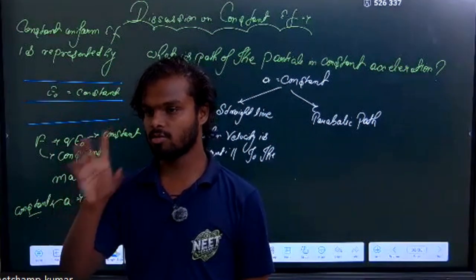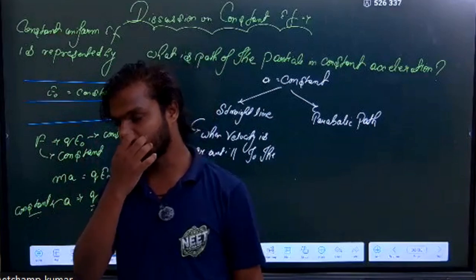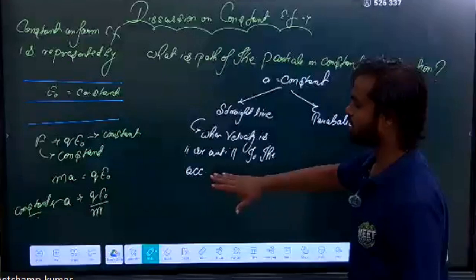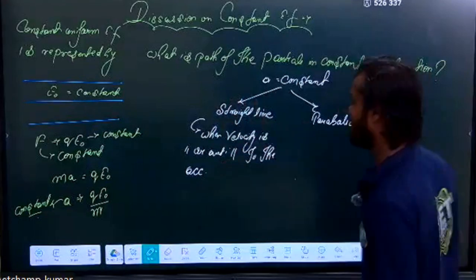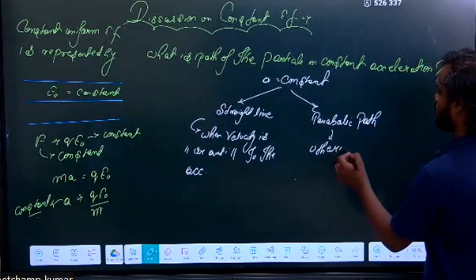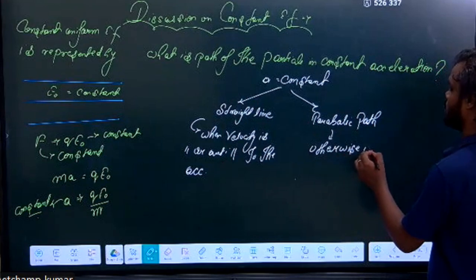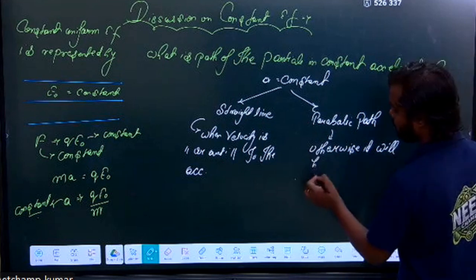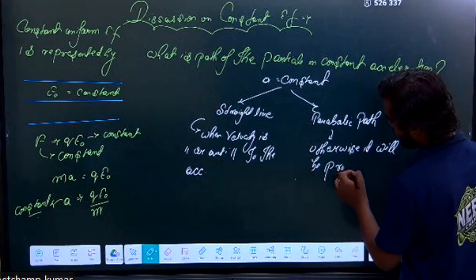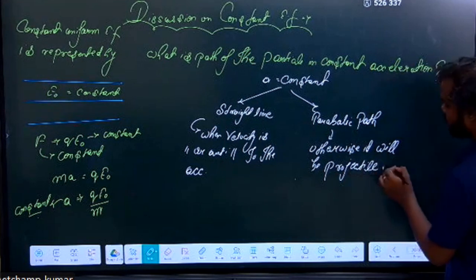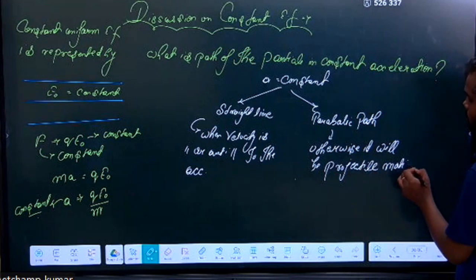Yes, sir. If my velocity is parallel or anti-parallel to the acceleration, then it will be a straight line. Otherwise, it will be a projectile. It will always be projectile motion.